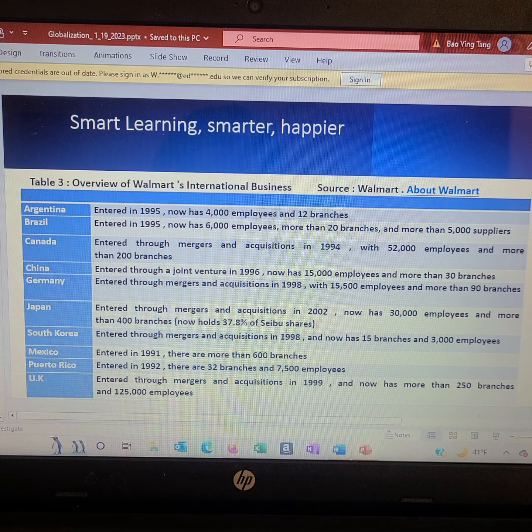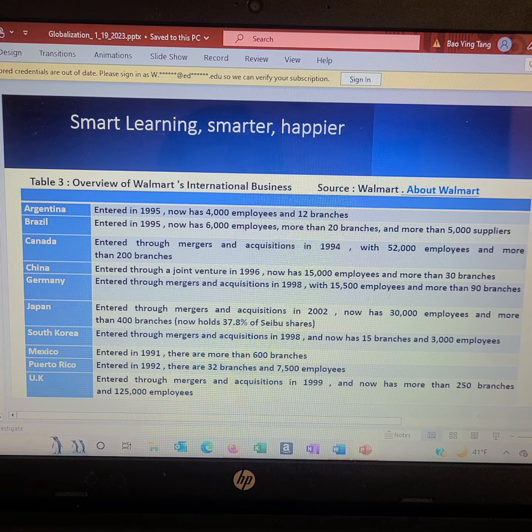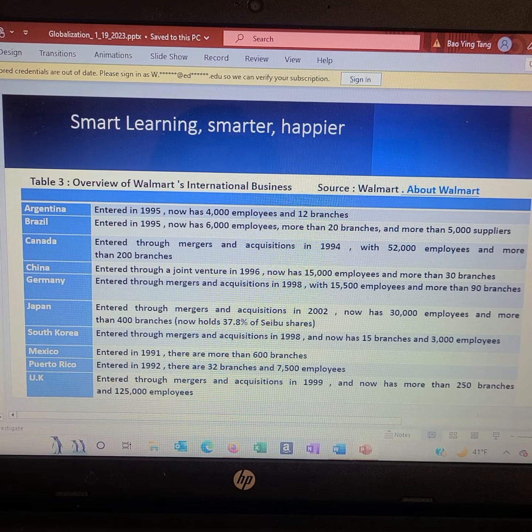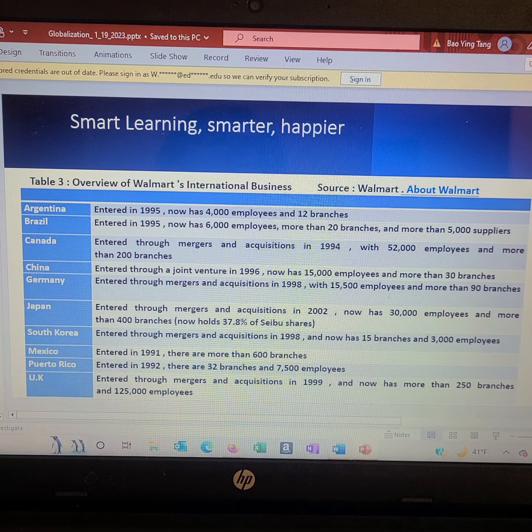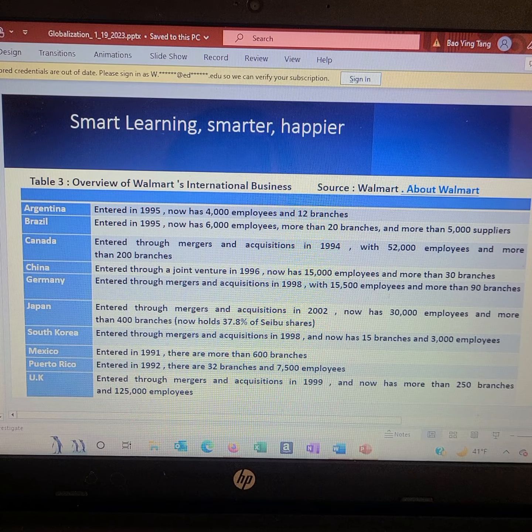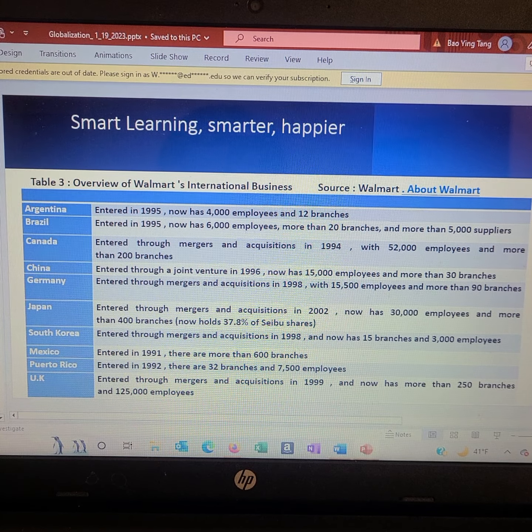In 1994, it entered the Canadian market through mergers and acquisitions with 52,000 employees and more than 200 branches. In 1996, it entered the Chinese market through joint venture and now has 50,000 employees and more than 30 branches.